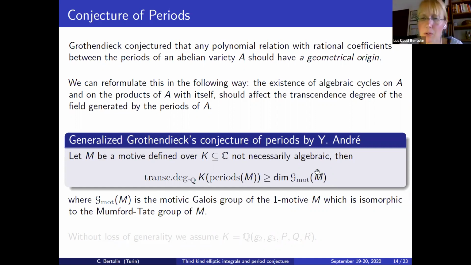The motivic Galois group of M is a very complicated group, but its role is to fix algebraic cycles. In the case of a 1-motive, the motivic Galois group is isomorphic to the Mumford-Tate group, and perhaps the Mumford-Tate group is better known.